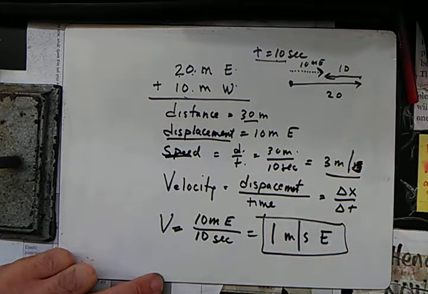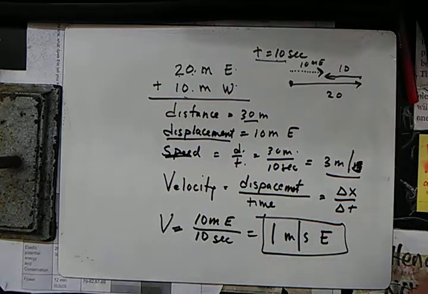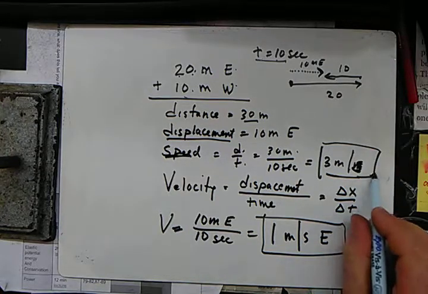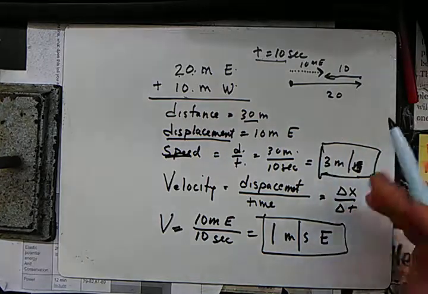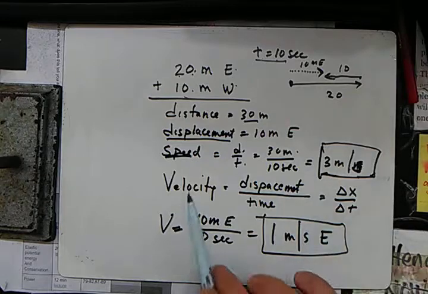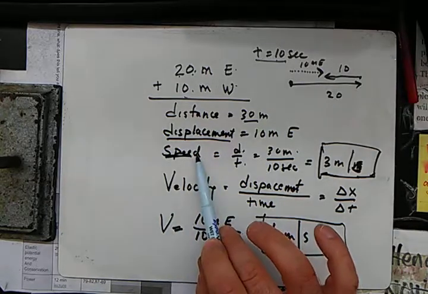Okay, you notice now there's a distinct difference between our speed of 3 meters per second and our velocity of 1 meter per second east. They're completely different quantities, and we're going to work with this a little bit. I'm going to give you a few problems to work out in solving for velocity versus speed.